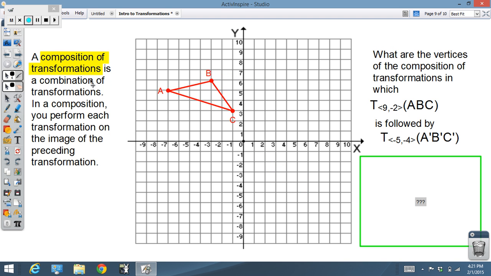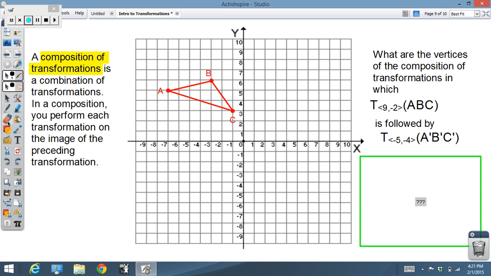Finally, a composition of transformations is one transformation after another. The second one will be done on the image after the first translation. So, find the vertices of the composition in which T negative 2, 9 on ABC is followed by transformation negative 5, negative 4 on A prime, B prime, C prime.